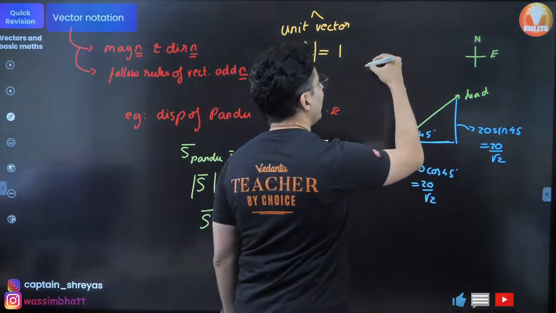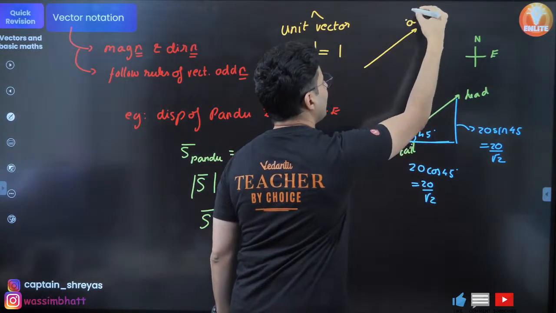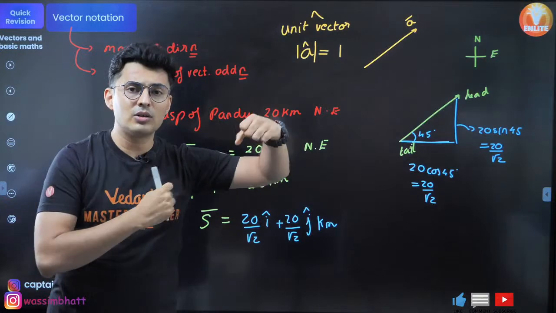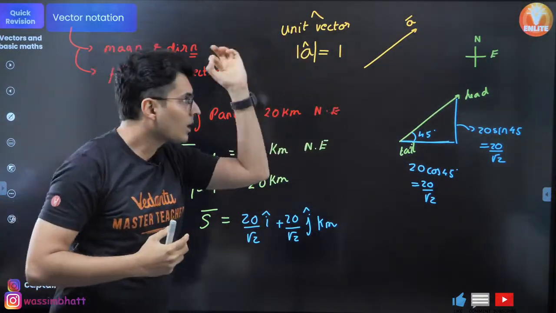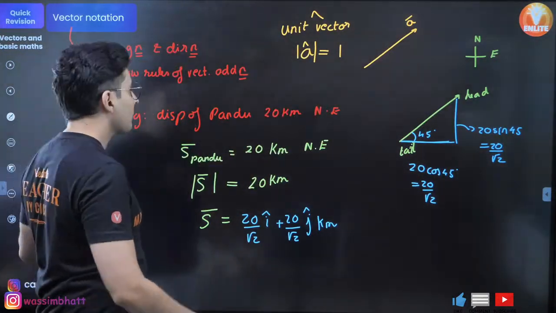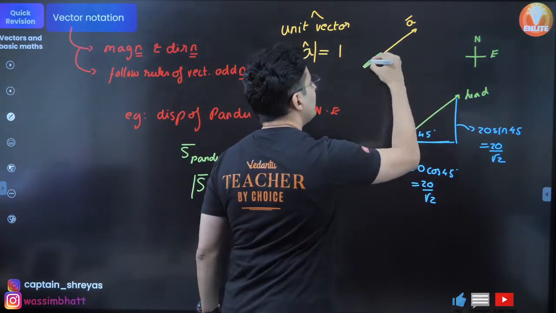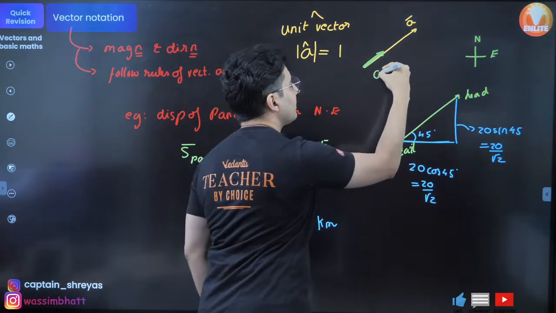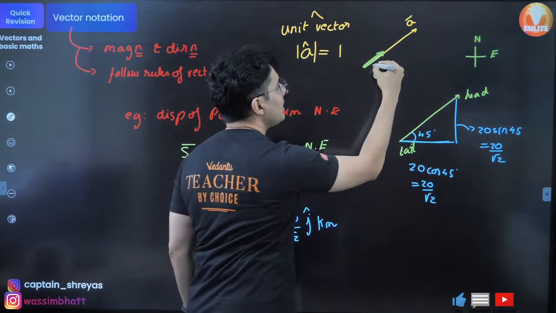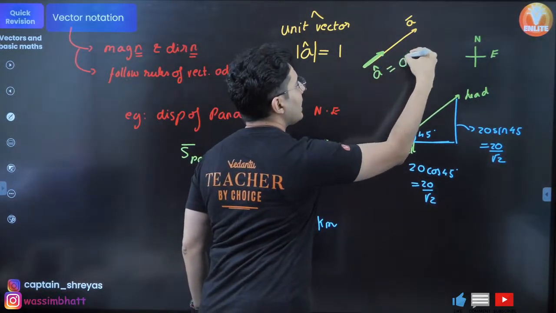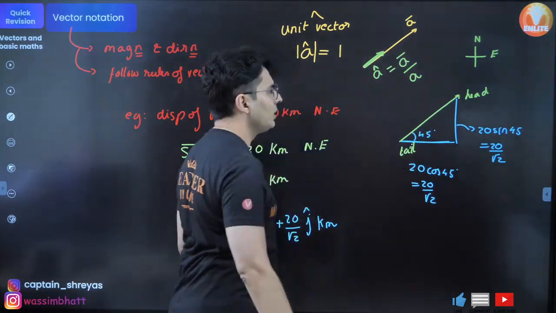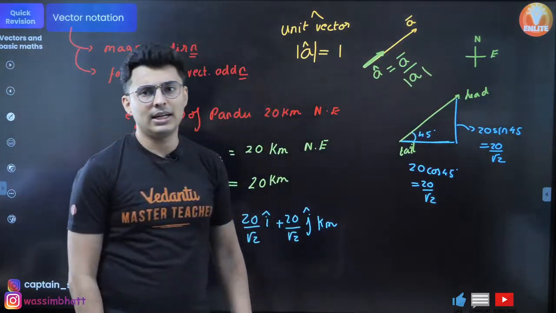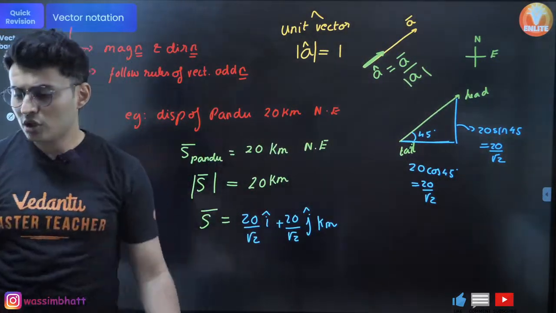And if I tell you this is a vector A, but it is not of 1 unit length, it's maybe 10 meters or 20 meters or 100 meters, a unit vector in that particular direction, in the same direction, but of unit length, A hat, will be A vector divided by the magnitude of that. That is the formula. So keep this in mind.